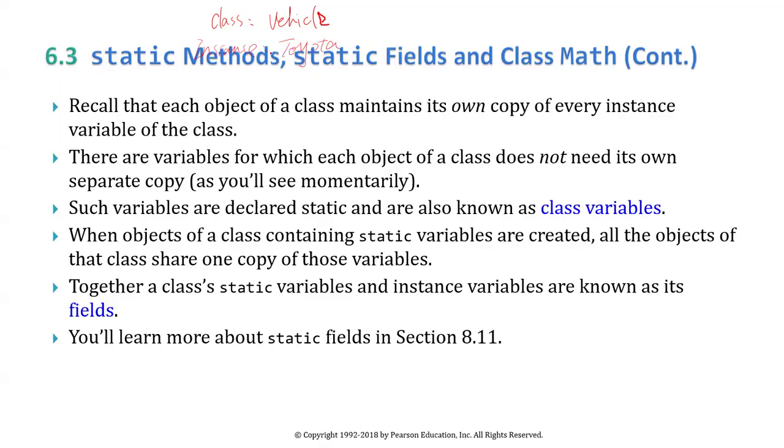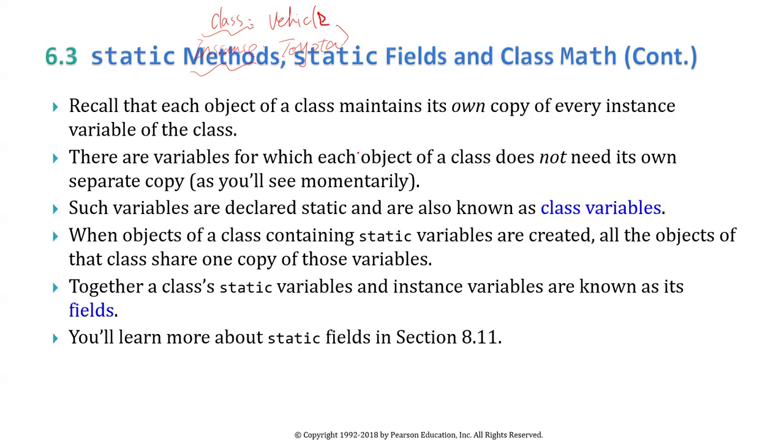This is the instance, and this is the class. Each object of a class maintains its own copy of every instance variable of the class. That means the Toyota has all the instance variables inherited from the Vehicle.